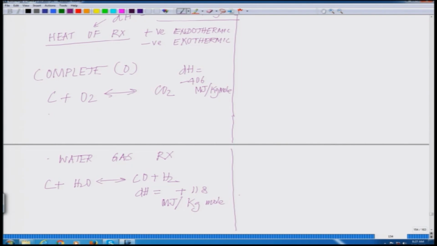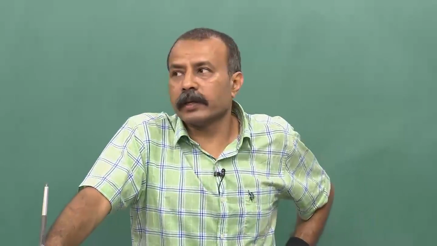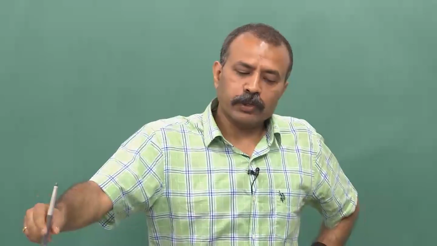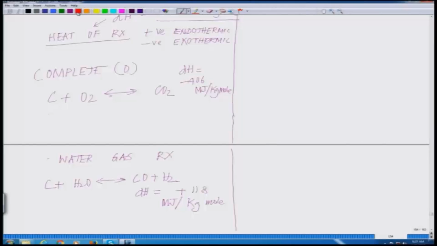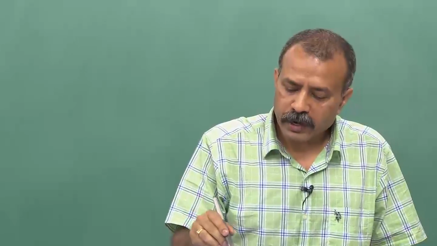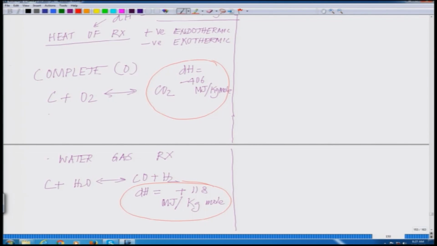So, if you compare the three reactions, in the presence of the water gas reaction, the reaction becomes endothermic, which you can see here. It is absorbing heat energy, whereas these two reactions are exothermic, and among all these the biggest exothermic reaction is this one, which is minus 406 megajoule per kilogram mole.